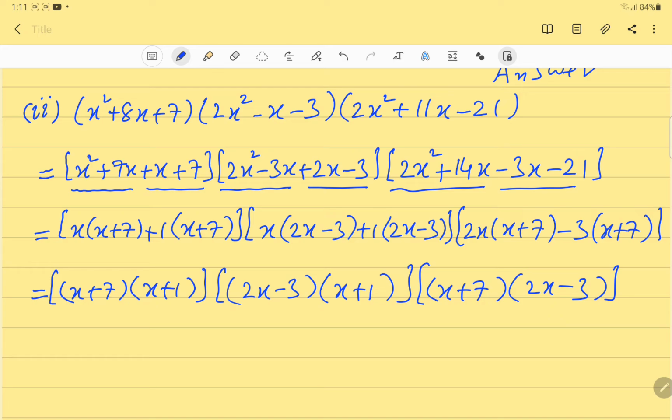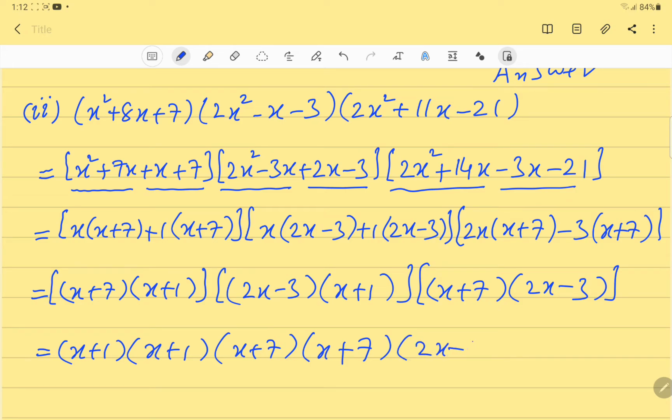Again we can see here that all the brackets, I mean the expressions coming into the brackets, are occurring 2 times. Like we will write it now. x plus 1 is there 2 times, I mean twice. Then x plus 7 is there twice, and then 2x minus 3 is there twice.